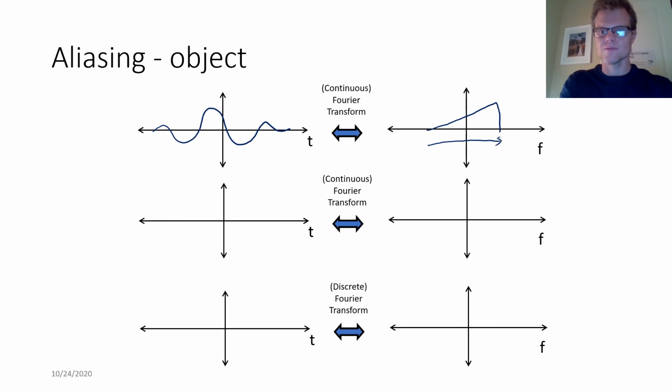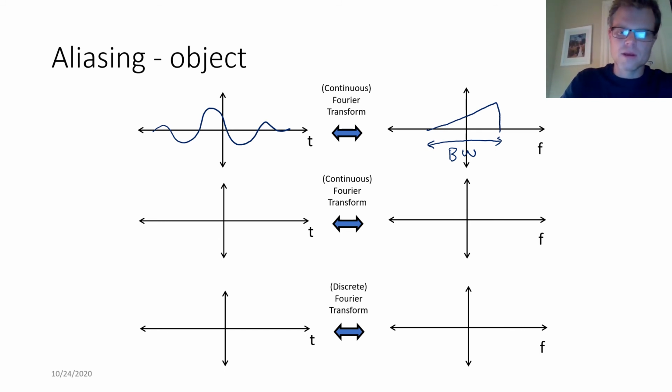Since we're in frequency, call this the bandwidth. Before, I illustrated the case of what if our sampling rate was sufficient. What if it's not?